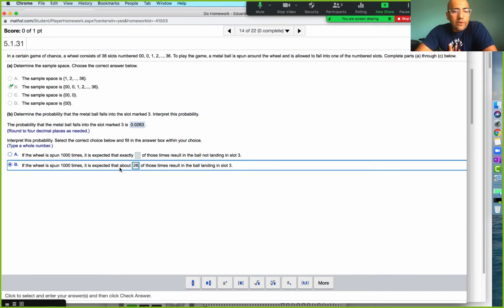The reason we have to throw in the about here is because, if we express it as 1 over 38, 1 over 38 is how we got this decimal, right? 1 over 38 is the exact probability. So if this was a sentence about the exact probability, I would say, based on classical probability, I know the exact probability is 1 out of 38. Okay, but in order to explain what that means, what's the probability of 1 out of 38? What's the probability of 2.63%?